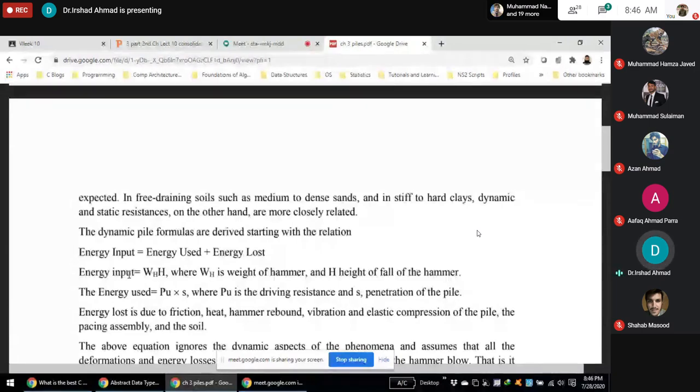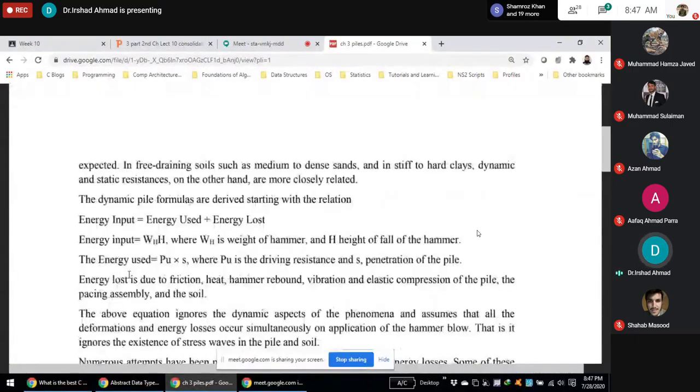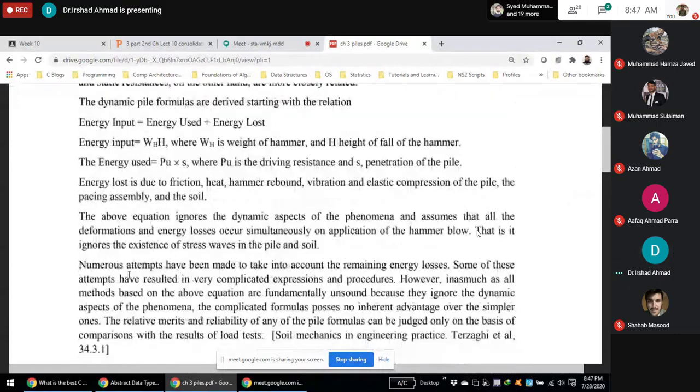And based upon how you are taking this energy loss into the equation, there are a number of equations for dynamic formulas, all of them varying because of how they tackle energy lost. There are 100 of them, and if you use them, they would result in different pile capacities.